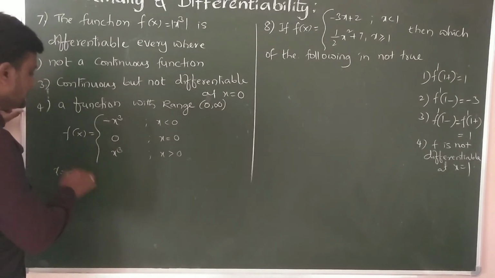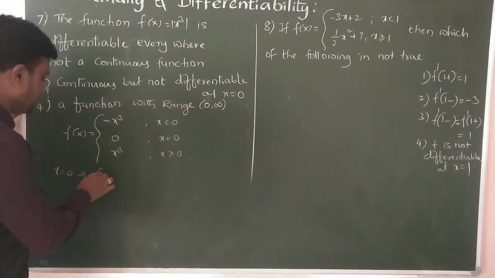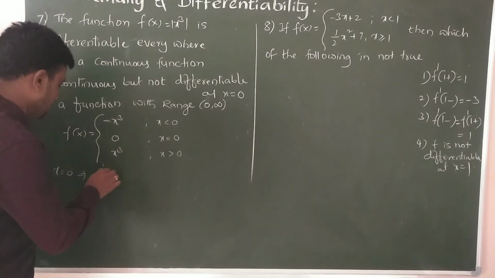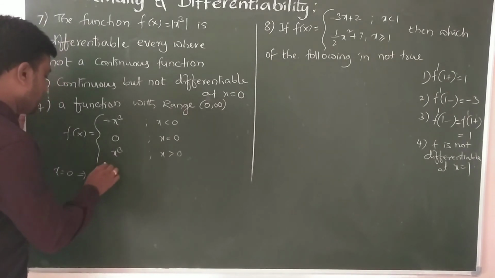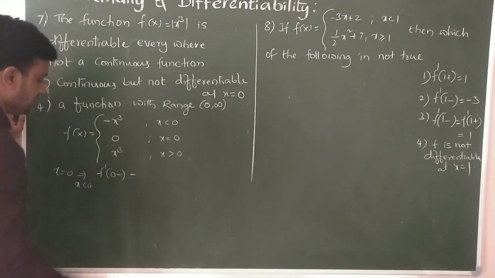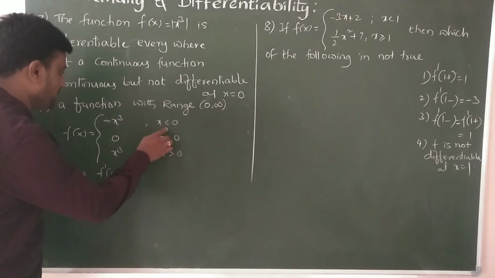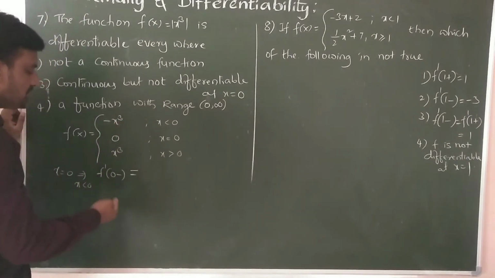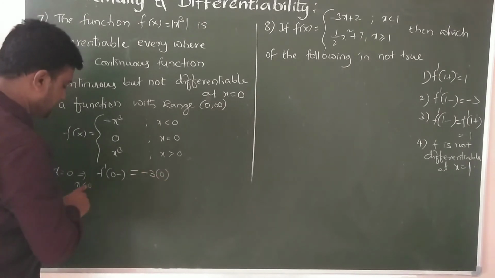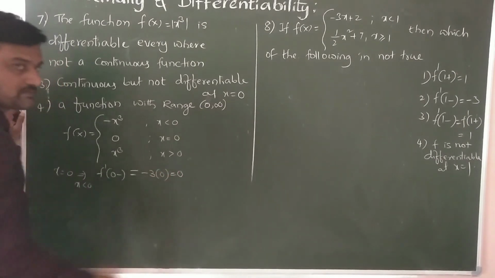At x equals 0, we need to check whether it is differentiable or not. First of all, f dash of 0 minus at x less than 0. At x less than 0, the function should be minus x cube. So we need f dash: minus 3x square, and in the place of x equals 0, it should be 0.